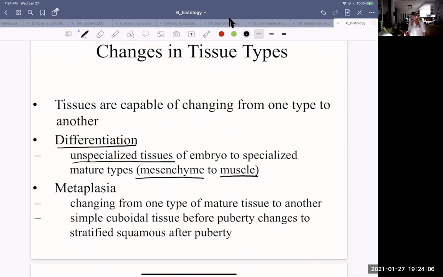That's differentiation. Metaplasia is a changing of a mature tissue to another. So in adolescence, before puberty, a simple cuboidal tissue exists, but it changes to stratified squamous tissue after puberty.